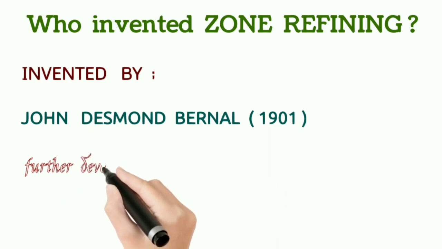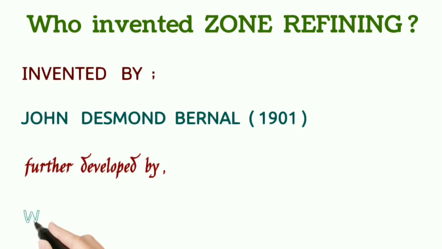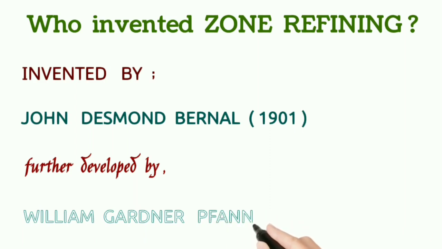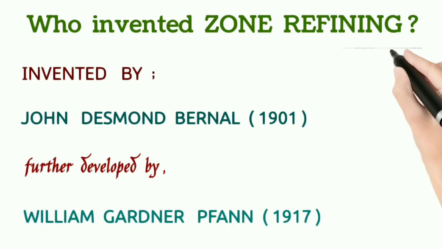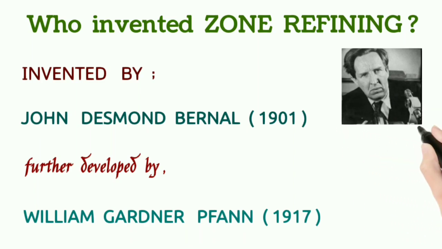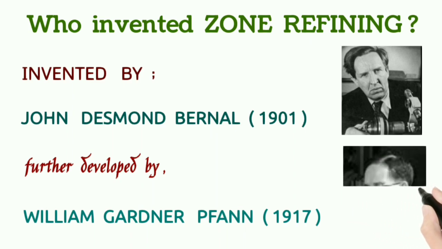It was further developed by the second person, William Gardner Pfann, shortly named as W.G. Pfann, in the year 1917. So these are the two persons who invented the zone refining process.